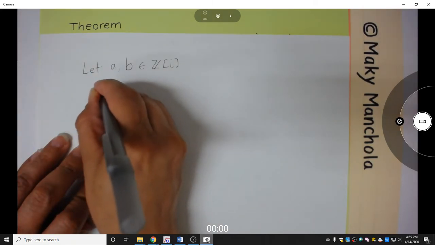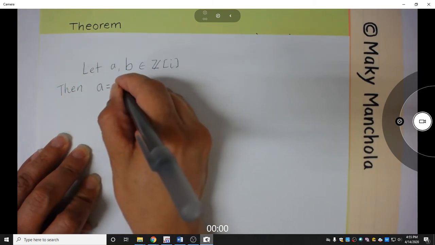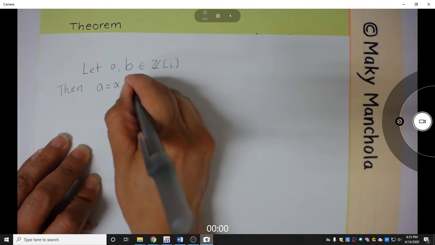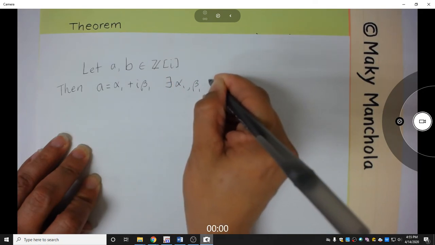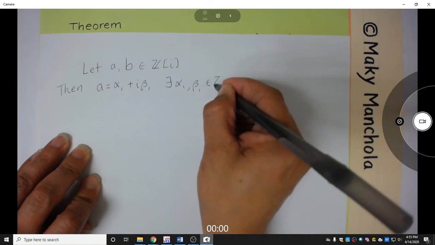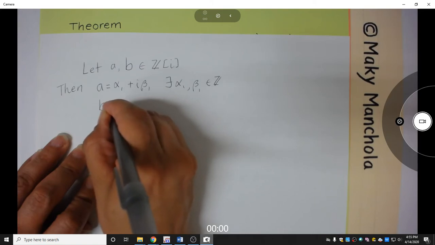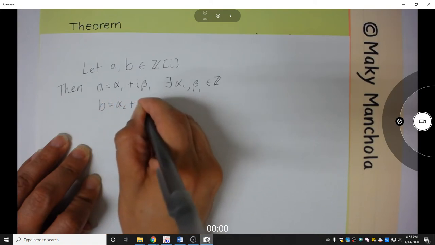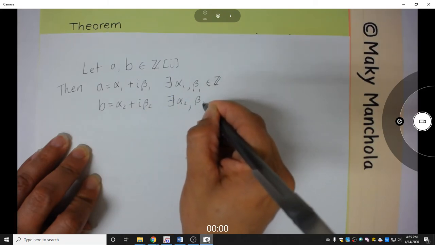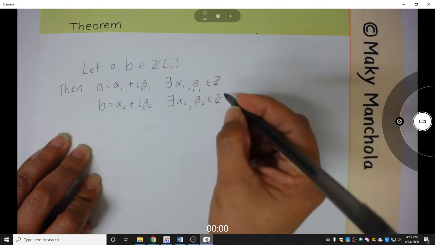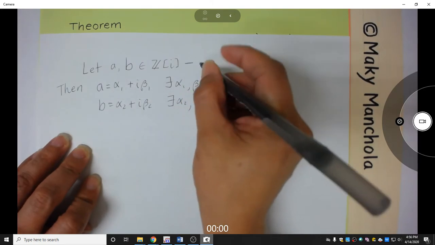So specifically, a equals alpha 1 plus i beta 1 for some alpha 1, beta 1 in the set of integers. And b equals alpha 2 plus i beta 2 for some alpha 2, beta 2 in the set of integers. Now, we have to exclude the possibility of either one being 0.